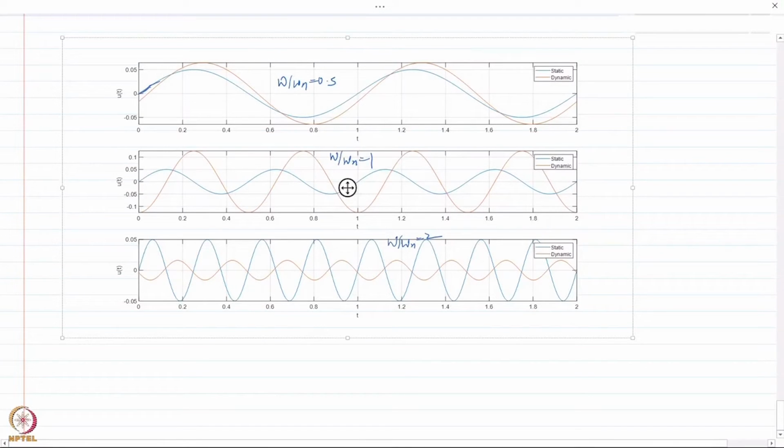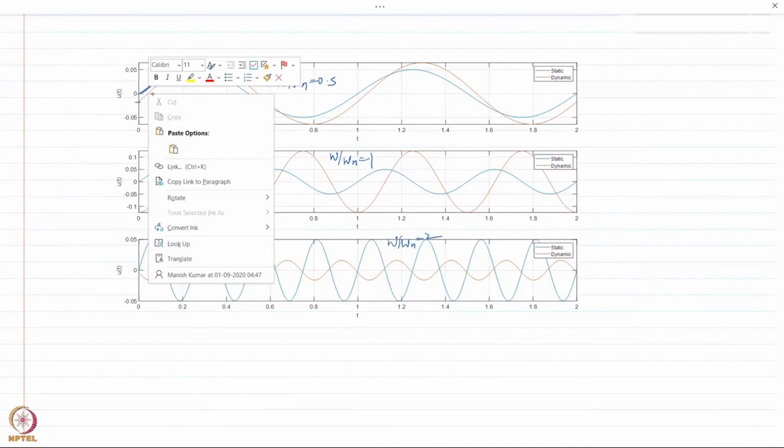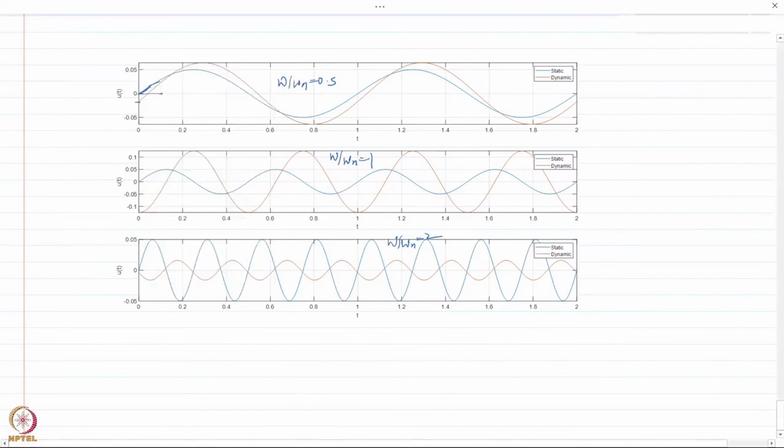However, my dynamic displacement, when t is 0, is at some negative value, and it comes to 0, which represents the equilibrium position, after this much of distance. This is represented by the phase angle. So this here is nothing but phi by 2 pi.